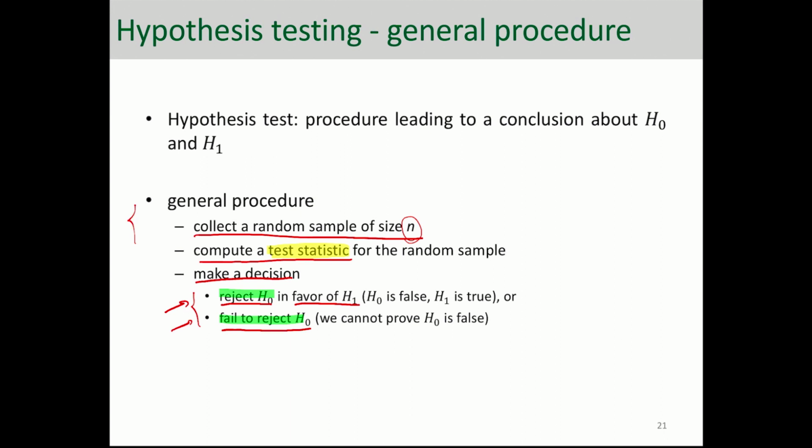But in any case, our decision is really based on a sample of size n, and if you end up accidentally with a sample that is not representative of the population, you actually might make a mistake. You make a decision that is not true.